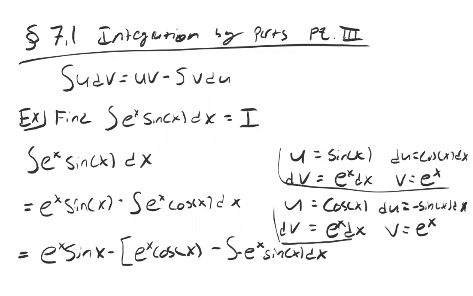Let me separate that again. We're going to keep going and simplify this. So this is equal to e to the x sine of x minus e to the x cosine of x.